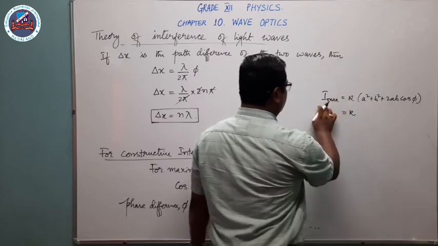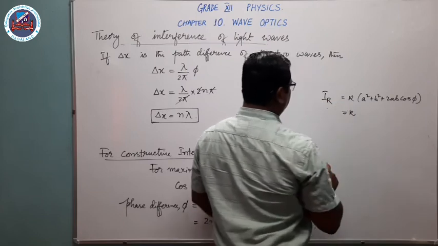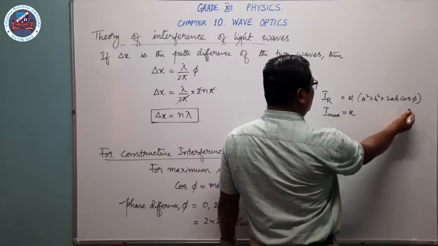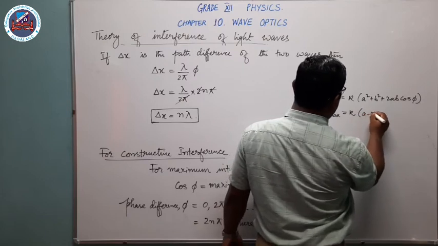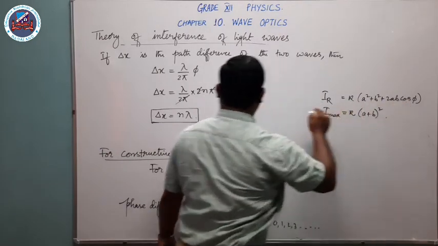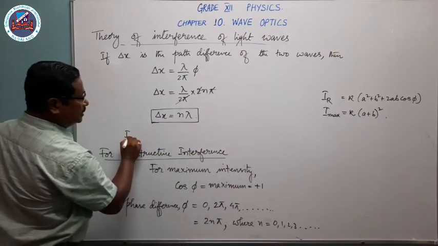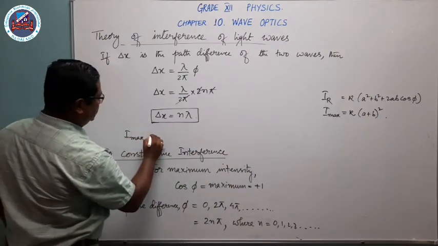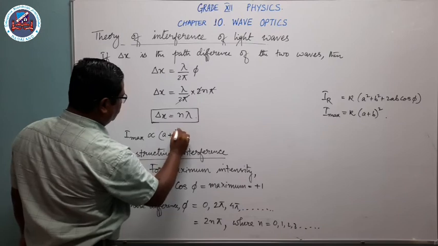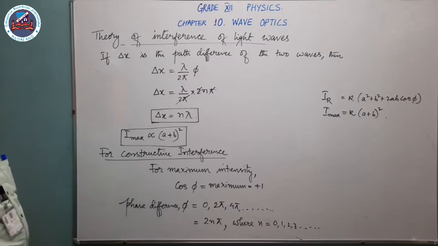Suppose it is maximum intensity, then cos phi value is 1, so it will become A plus B the whole square. Like this will appear when you put the value of cos phi maximum, that is 1. I maxima is directly proportional to A plus B the whole square. This will give you the maximum intensity for constructive interference.